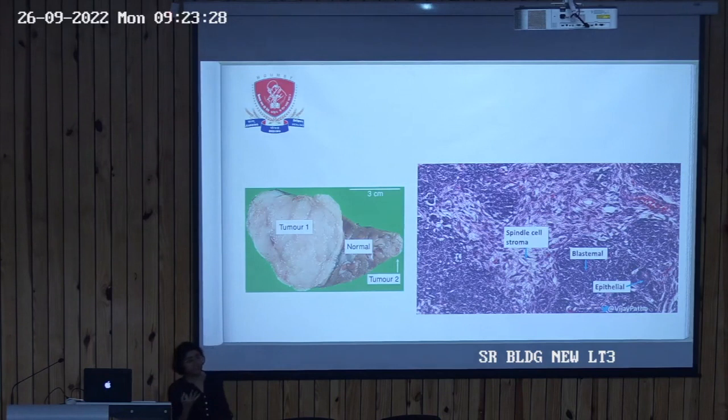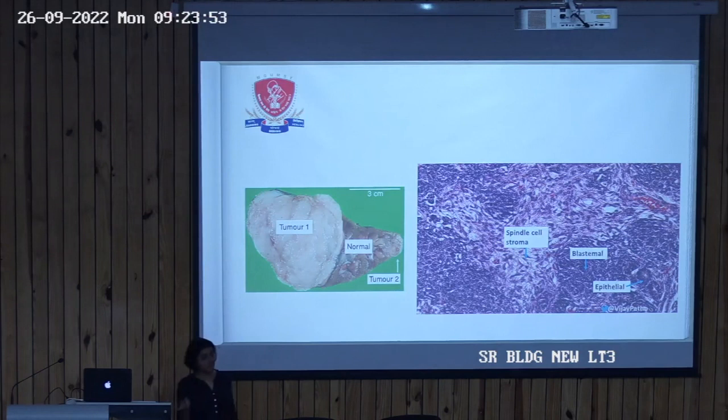So these are the three things you get to see, but eventually all of them look somewhat similar. Though these are all deep round blue cells, they are trying to form some kind of rosettes, and the spindle cells look somewhat the same. They're all similar; the only thing is they're trying to mature into something. So in Wilms tumor, nephroblastoma, there are blastemal cells, and epithelial cells, since the kidney is an epithelial organ.